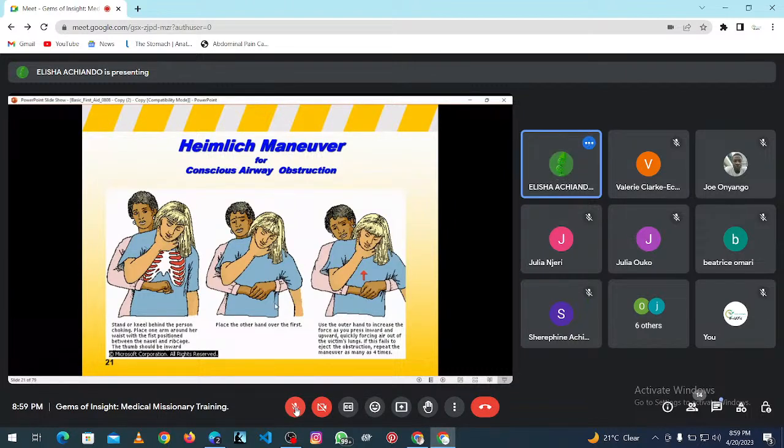So make sure that you place your arm around her waist. And the other arm can be placed either just below the diaphragm, I think you can see, or you can place both hands below the diaphragm.